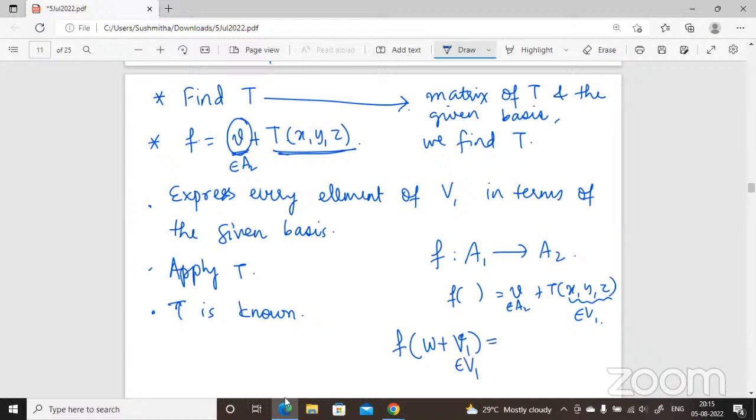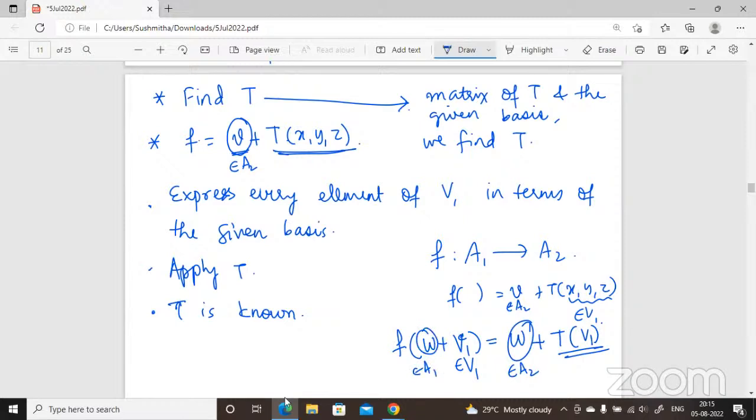This will be equal to some w prime plus T of v1. Okay, the subspace is V1. Yeah. So this we found out. This is any point in A2. This is any point in A1.